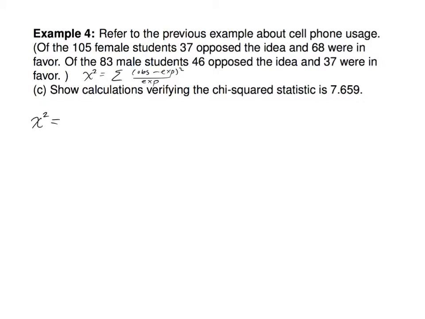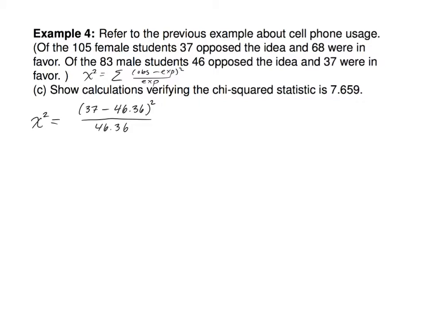So for the first cell, the female opposed, what was the observed value? 37. Minus the expected, which was 46.76. Squared, divided by 46.36. Does that make sense? That's the first one. Let's just go across the first row.